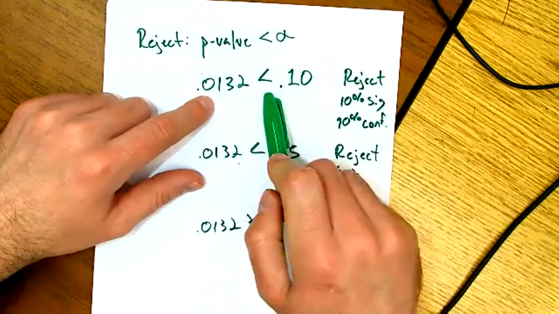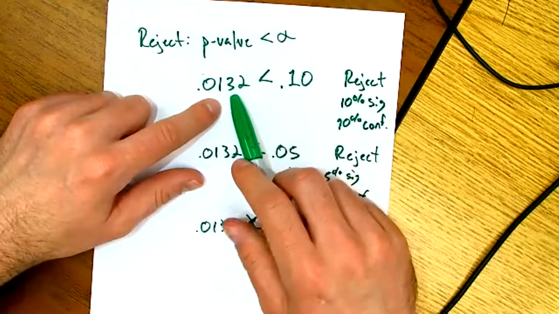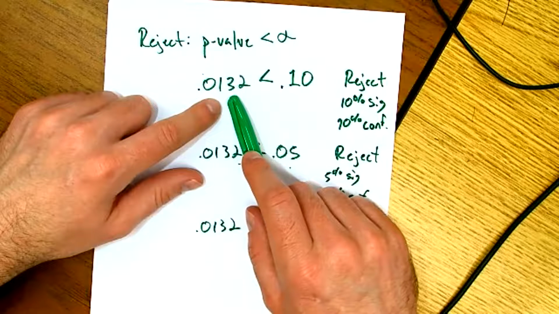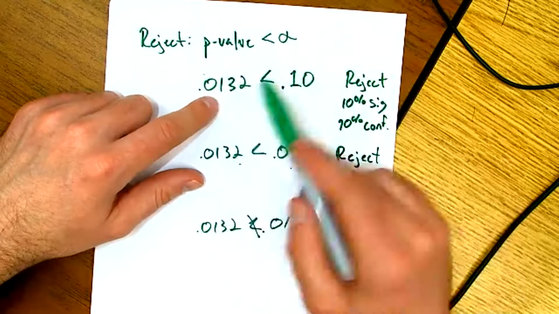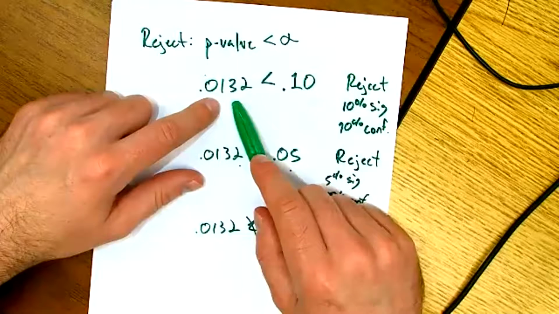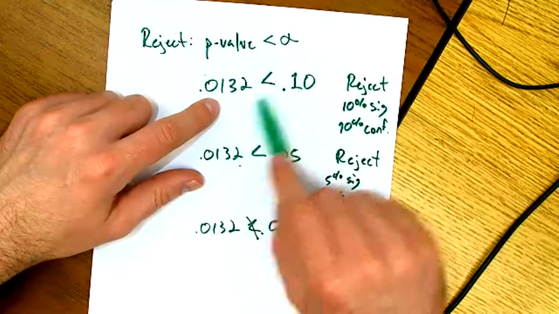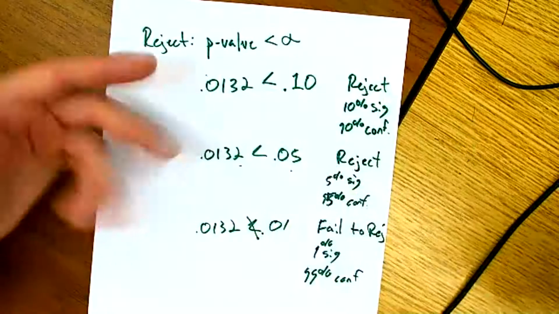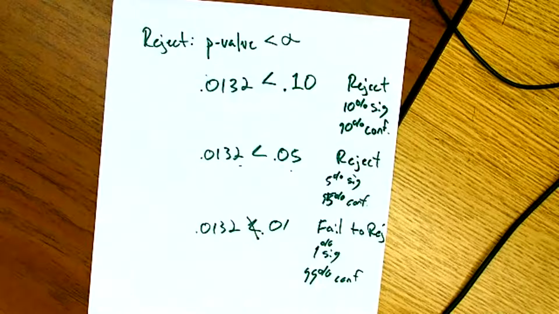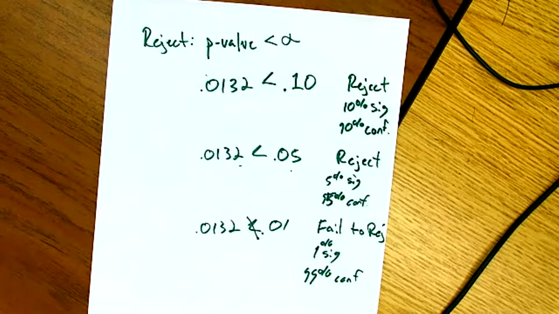If I set an alpha of 0.0132, well, 0.0132 isn't less than 0.0132. It's the same thing. So that would be the last alpha value for which I would fail to reject. If I go to an alpha value even higher than 0.0132, I'll reject at every level above that. So it's kind of like my cutoff alpha value.